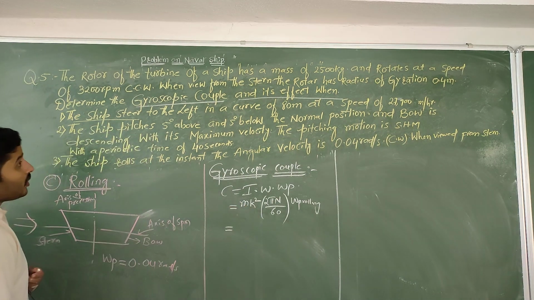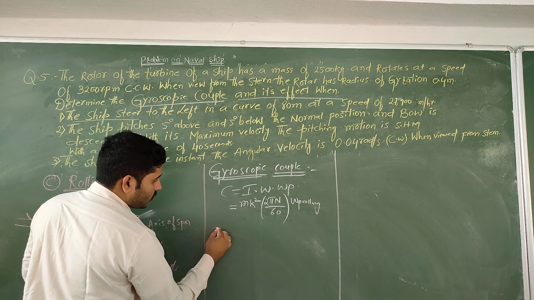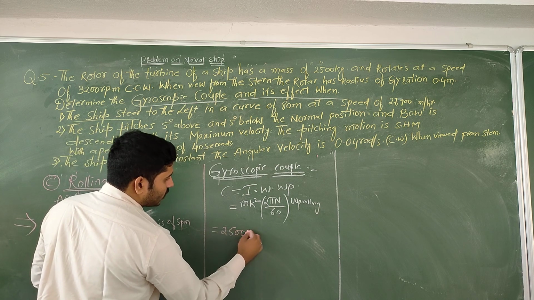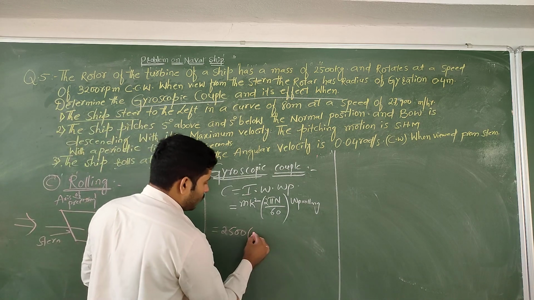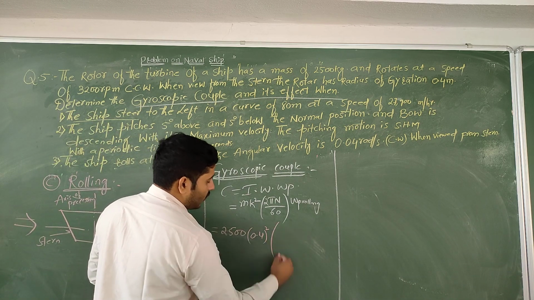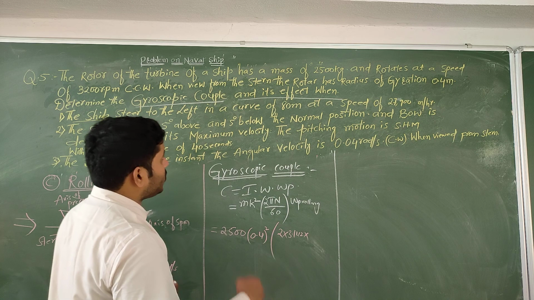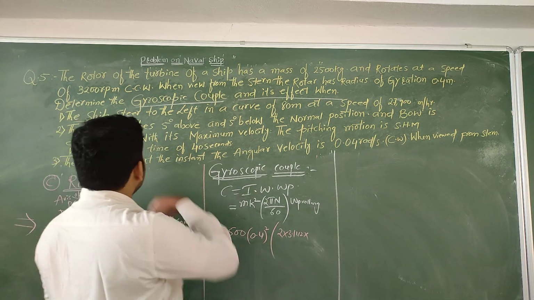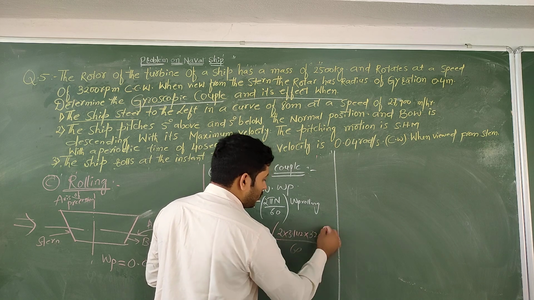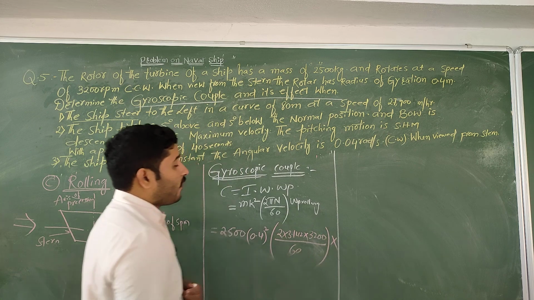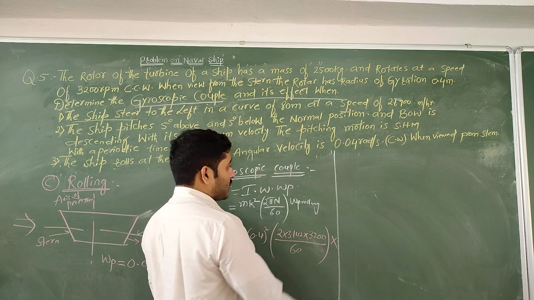The mass is given as 2500 kg, the radius of gyration is 0.4 meter, whole square, into 2 into 3.142 into the speed of rotation of the rotor, given as 3200 RPM, by 60, into the angular velocity during the rolling, 0.04 radian per second.